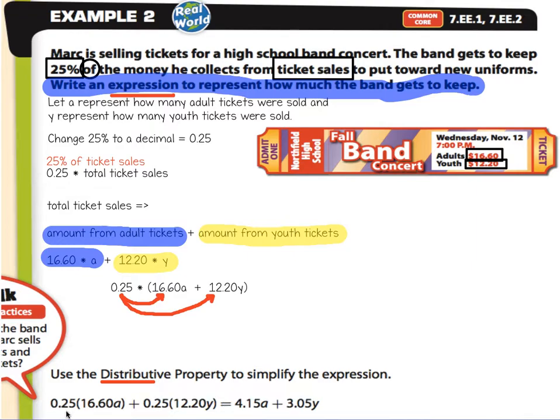So I can distribute and get 25 hundredths times 16.60a plus 25 hundredths times 12.20y, and I can get one simple expression of 4 and 15 hundredths times A and 3 and 5 hundredths Y. So then what this means is from every adult ticket, he'll get $4.15 of the $16.60, and from every youth ticket, he'll get $3.05.